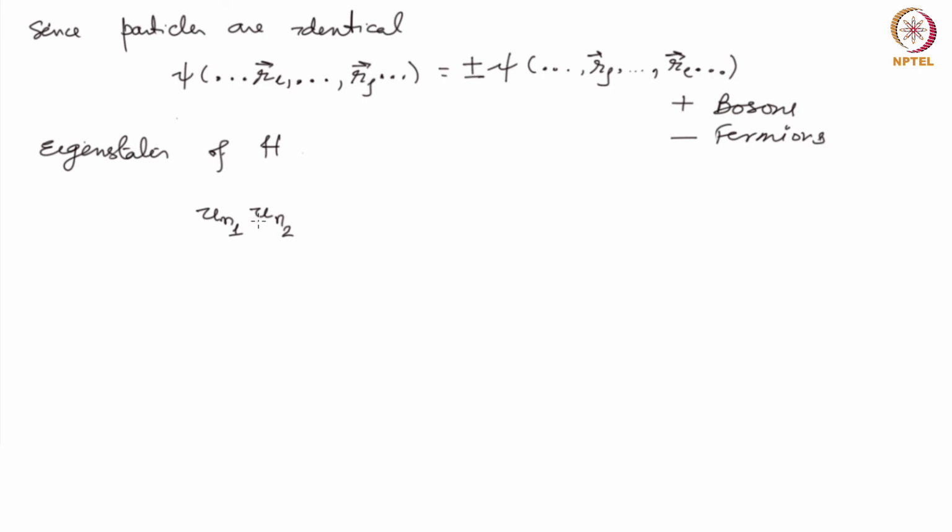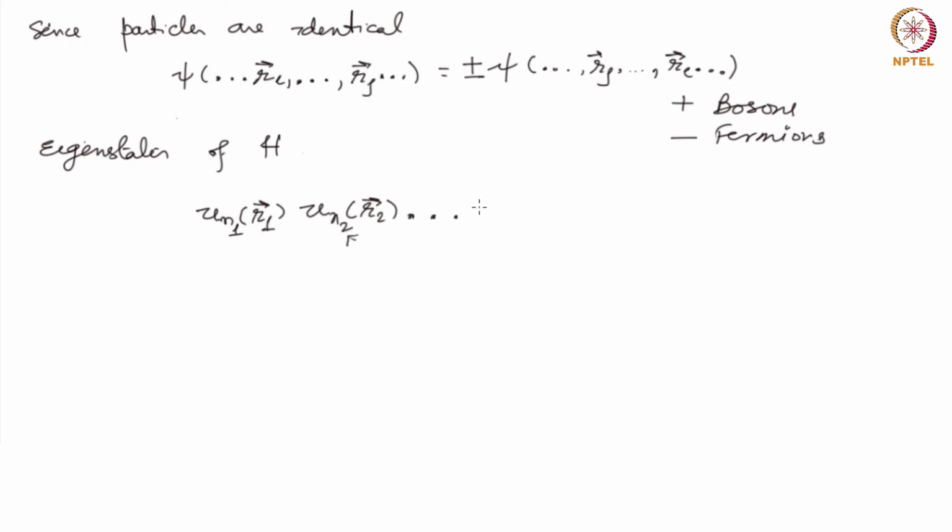This could be the third excited state, and so forth. These depend on the coordinates. I can suppress r1, r2 because it's clear that this is for the second particle.